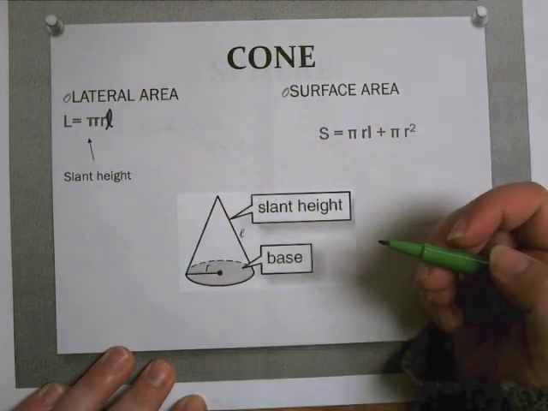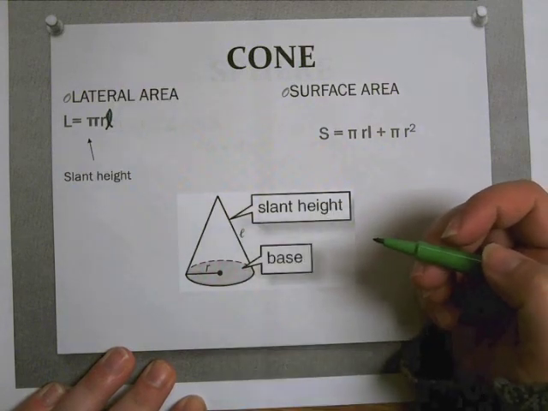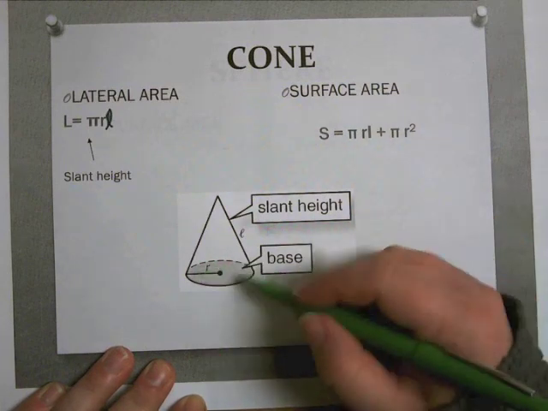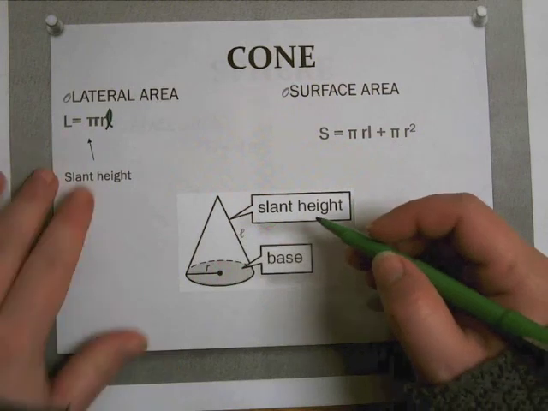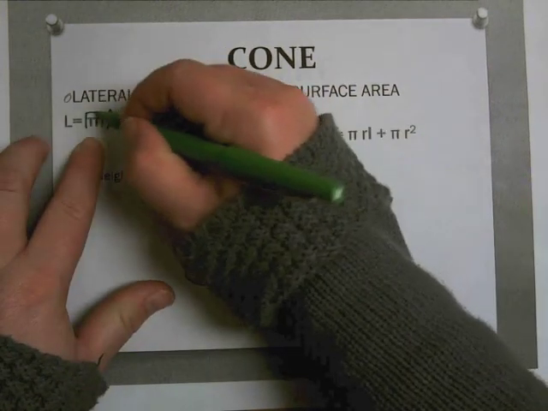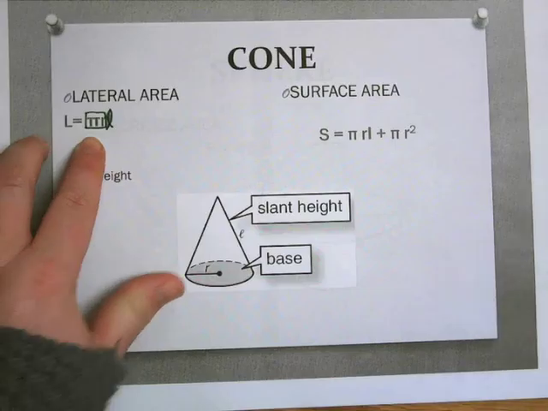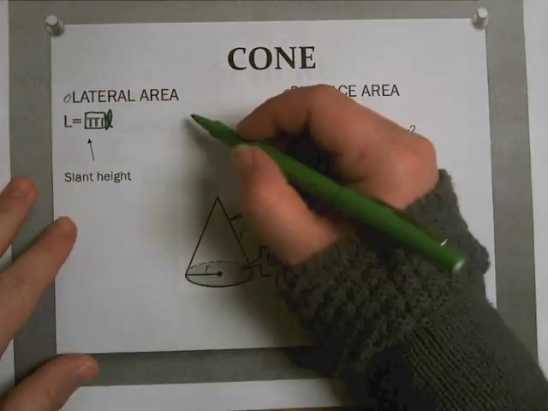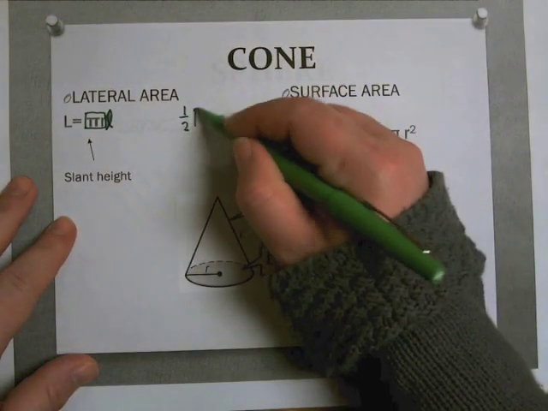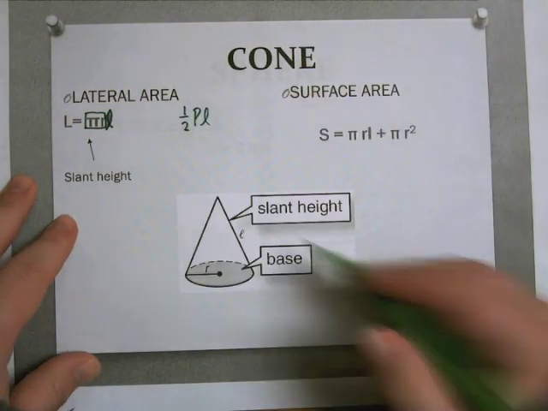And this time we want to find the perimeter of our base, which is a circle. The only thing is, this is not the perimeter we had before, but our lateral area for a cone and a pyramid are the same. So it would be 1/2 the perimeter times the slant height.